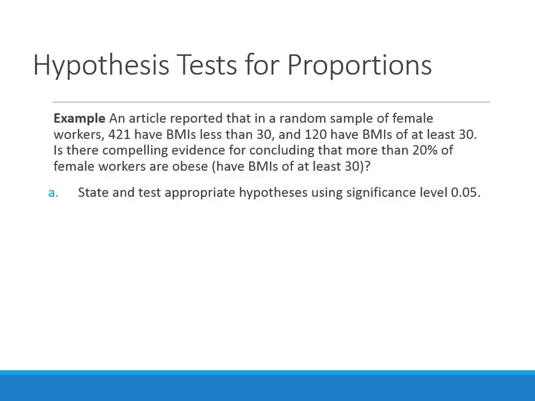Okay, so p here, what's the parameter I want to make a statement about? Yeah, so this is the proportion of female workers with a BMI bigger than or equal to 30.